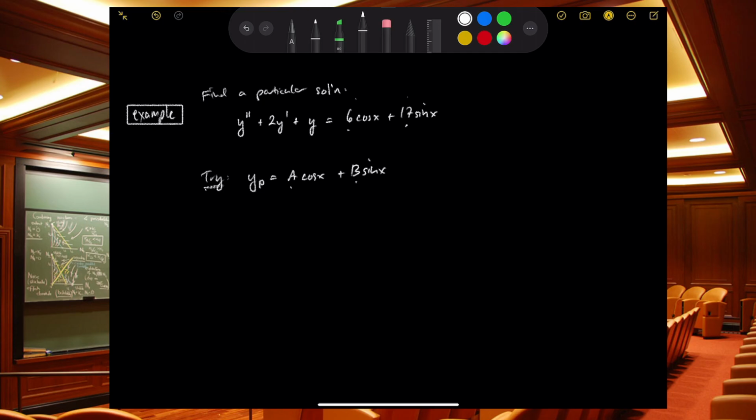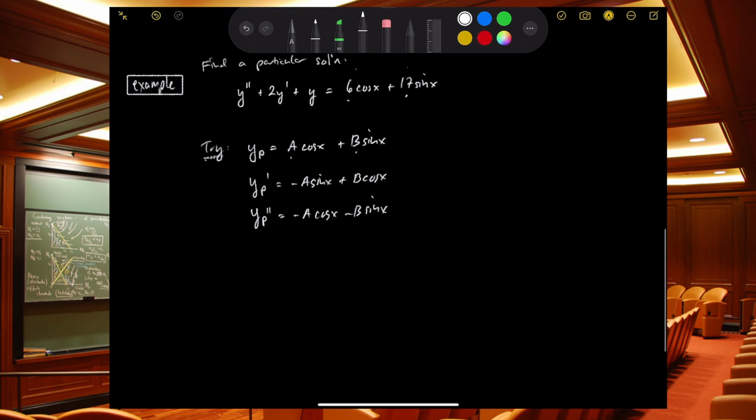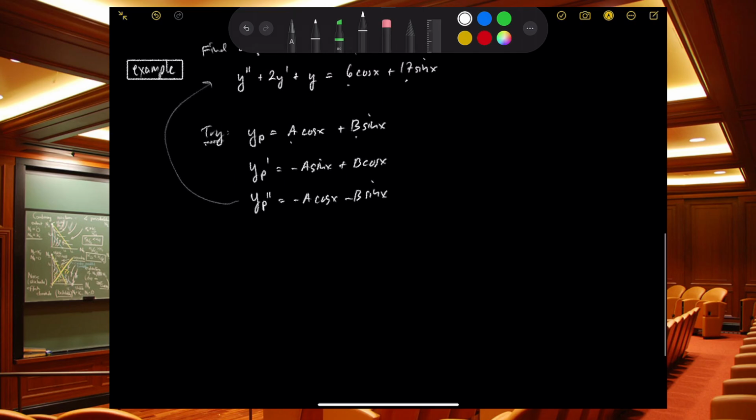Okay. So what we do is when we go through and try, what must y p prime and y p double prime be, and you can fly through these derivatives pretty quickly. So y p prime is negative a sine x plus b cos x, and then y p double prime is negative a cos x minus b sine x. Okay, so then we'll throw each of these back into the original DE and figure out what A and B must have been, what these undetermined coefficients must have been.